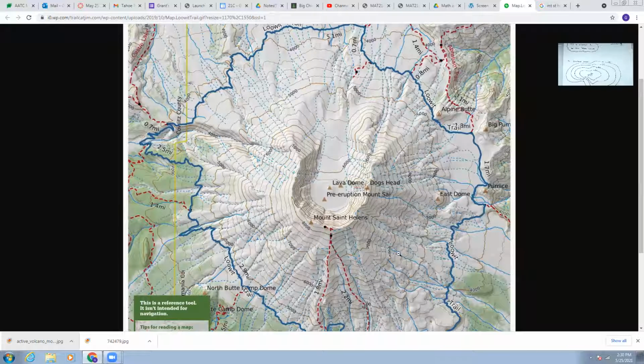Check this out. This is a perfect example. I just pulled this up right before class. See this little red trail at the bottom? Is that steep or not steep? From here to here, see how the path goes?